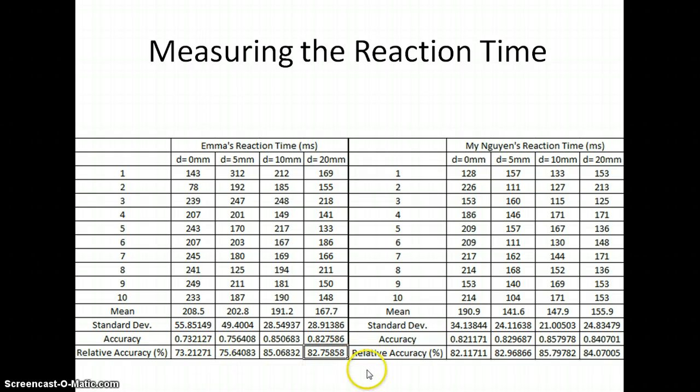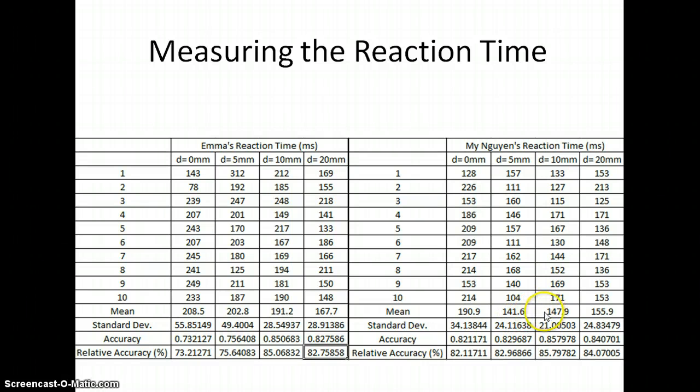So for the second subject, which is Ming Wing, this is her data, and for D equals 0 millimeter, her average reaction time is 190.9 milliseconds. For D equals 5, her reaction time is 141.6 milliseconds.